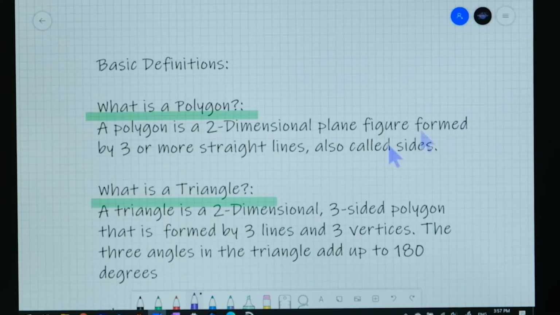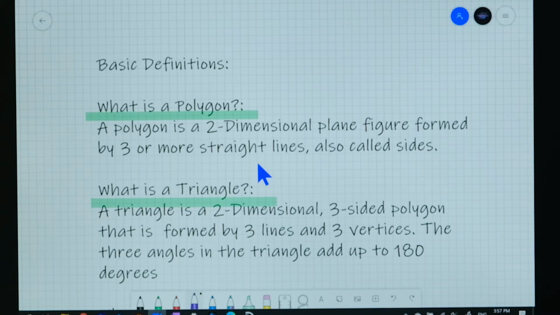Here are some basic definitions that you will need to know that are literally essential for this type of stuff. What is a polygon? A polygon is a 2-dimensional plane figure formed by 3 or more straight lines, and these 3 or more straight lines can all be called sides.